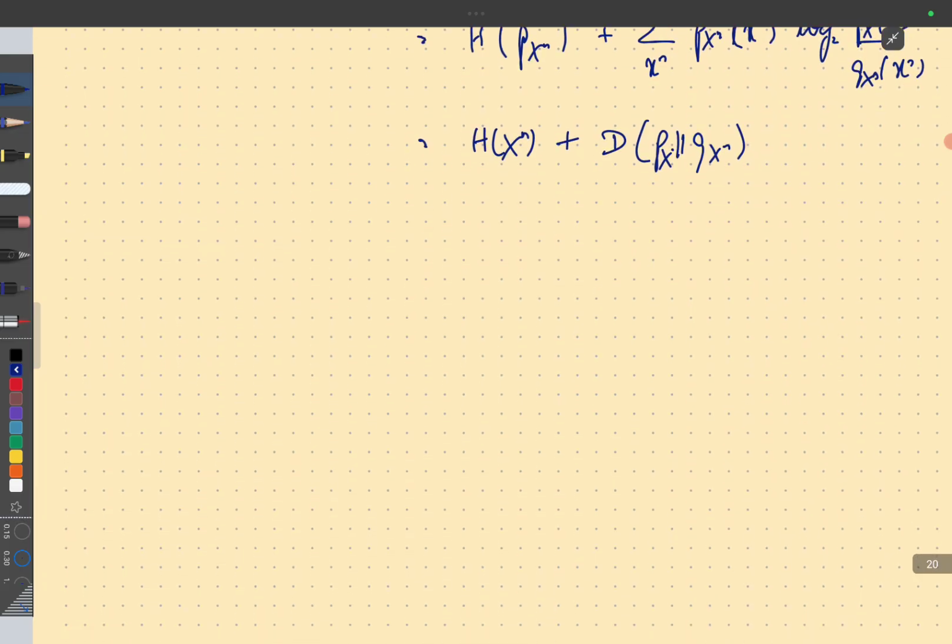So this is one of the places where the KL divergence comes into the picture. We will see that it again arises in a totally different problem as well.